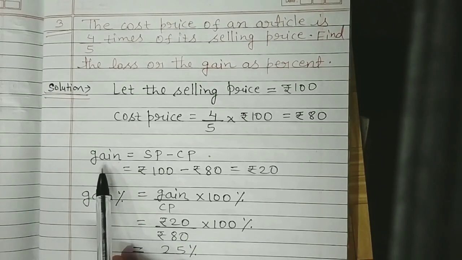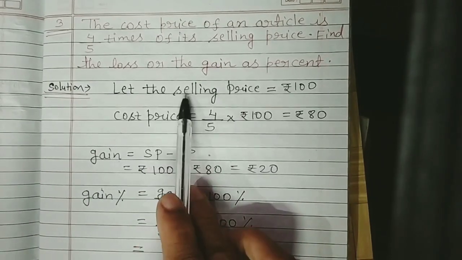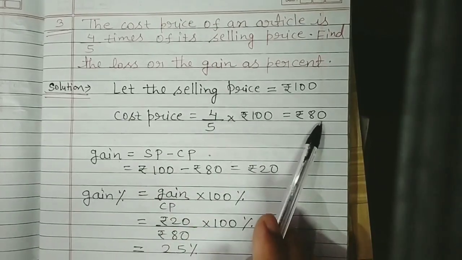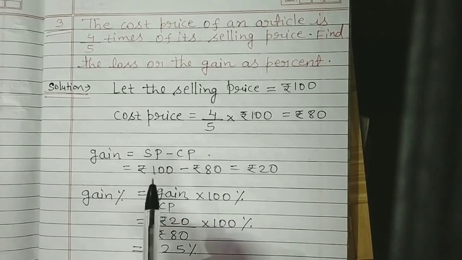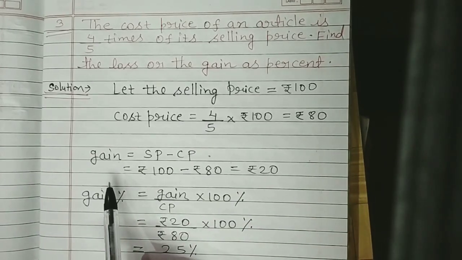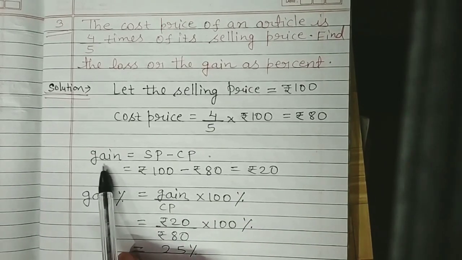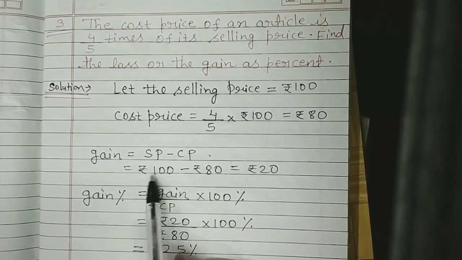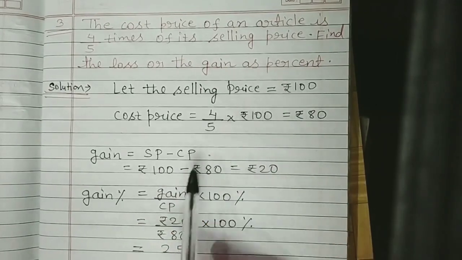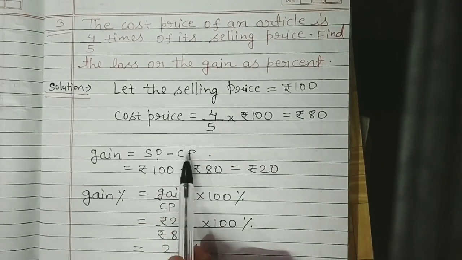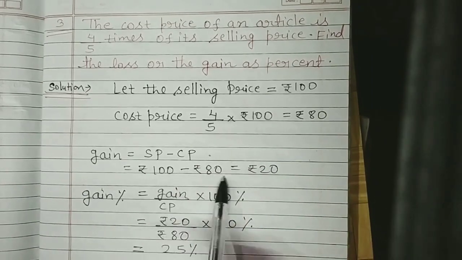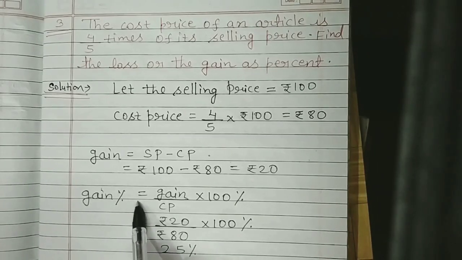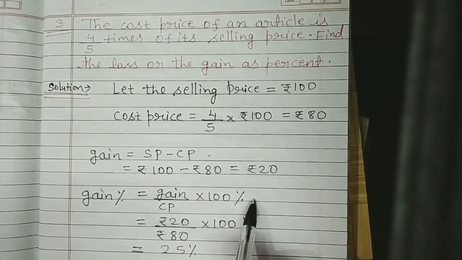Now as we can see here, the selling price is greater than the cost price. So here there is a gain. Clear? So now I have written gain equal to SP minus CP, and it is equal to rupees 100, the value of SP, minus rupees 80, the value of CP, and it is equal to rupees 20. Now I have written gain percent equal to gain by CP into 100%.